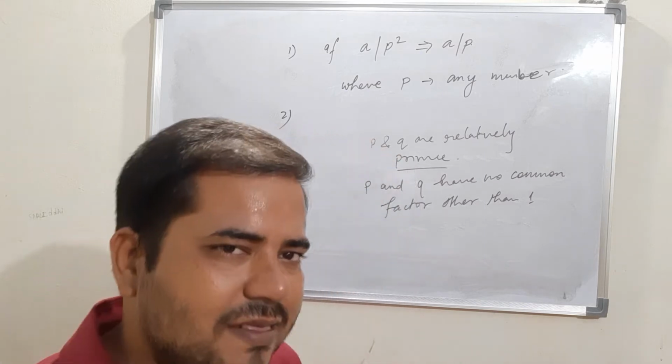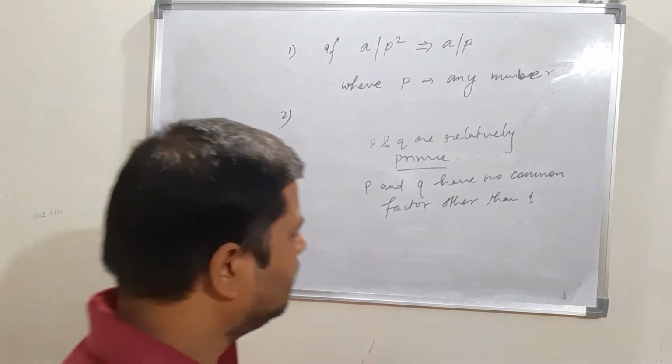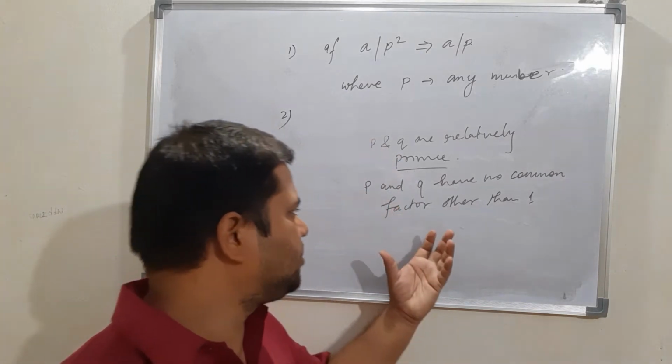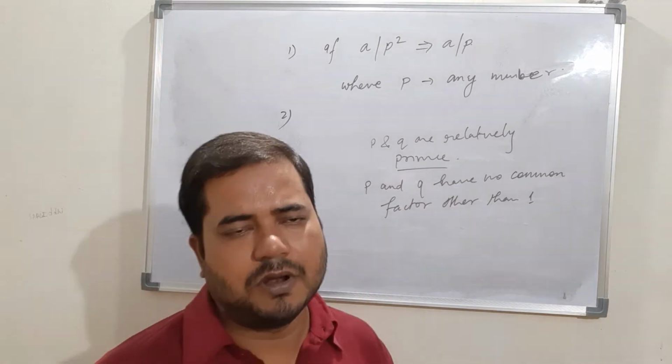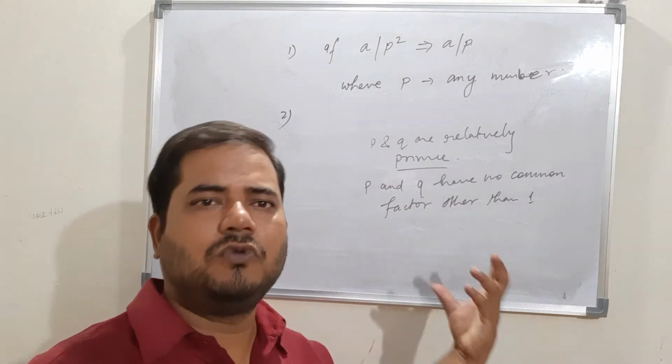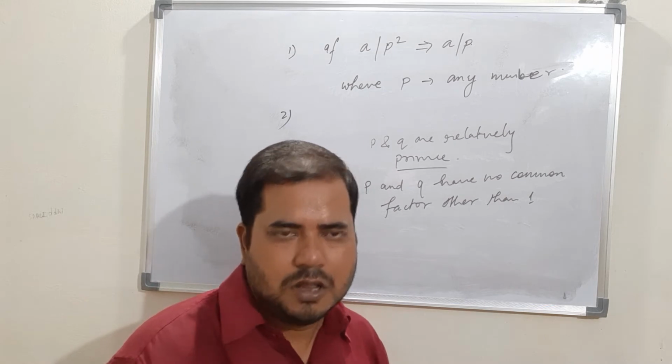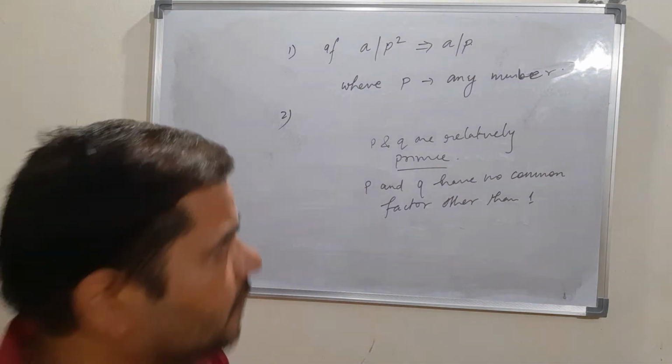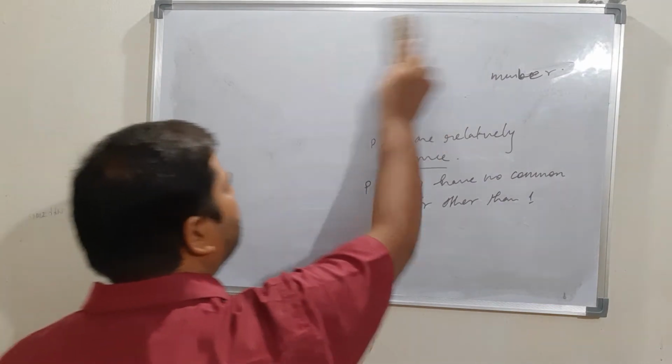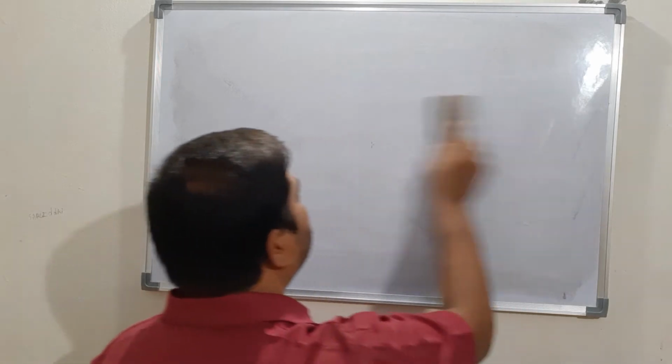This is the main thing, the definition of that particular rational number. It helps to prove root 2 is an irrational number. So we just proceed, and first we are going to prove that root 2 is an irrational number.